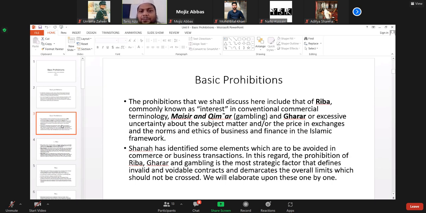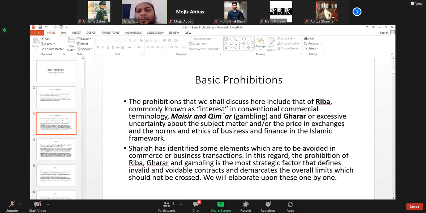The concept of gharar is also very broad, but roughly it can be translated as excessive uncertainty. If there is any transaction in which there is excess uncertainty, that will lead to conflict between parties, and it will not be allowed from the Islamic point of view, from the Sharia point of view, because of the presence of gharar.